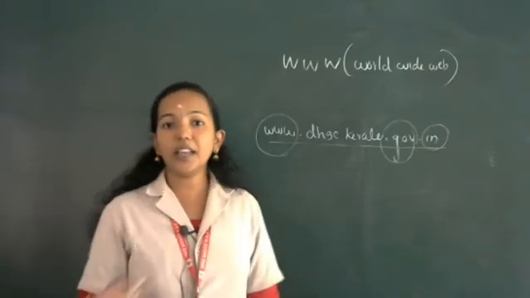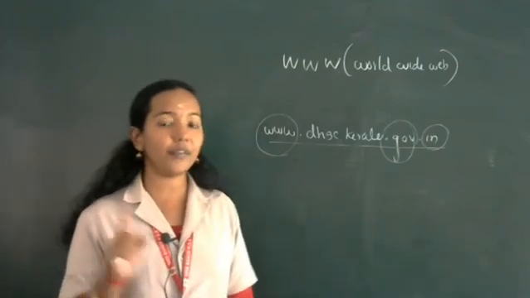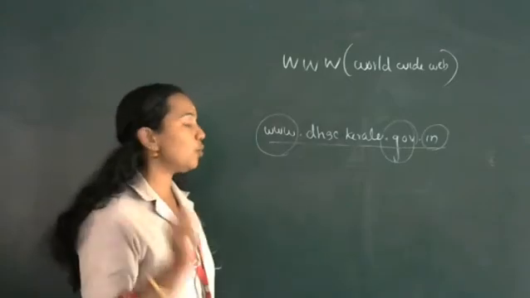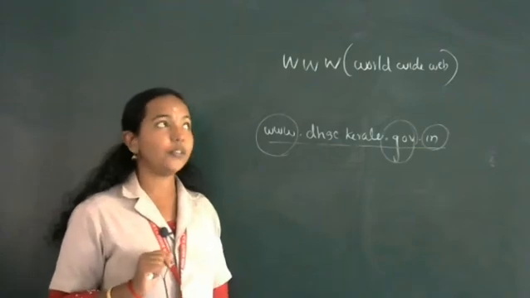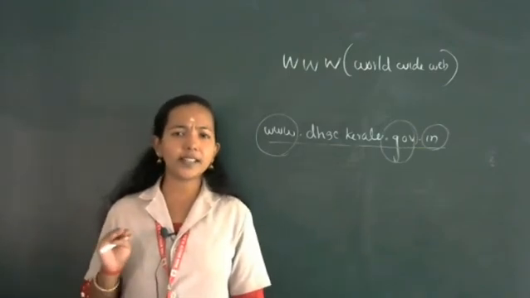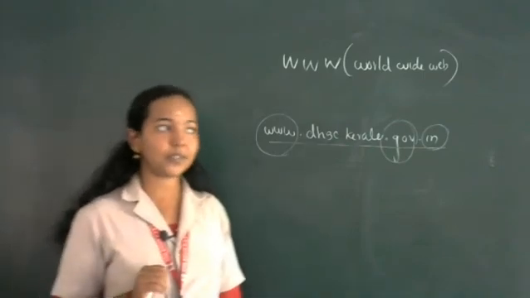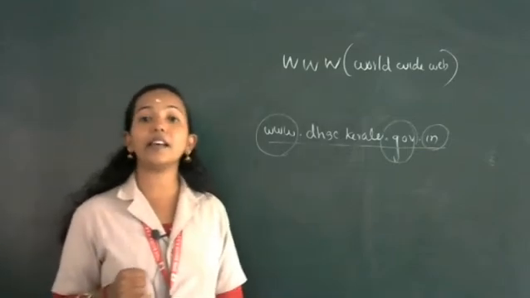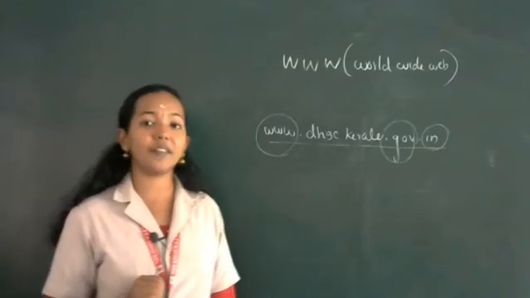Then a browser is responsible. Suppose we are doing any activity on the internet, definitely we require a web browser. You have to install a web browser on your computer first, then through that web browser we access information from the website. For example, Internet Explorer was the oldest web browser. Some JavaScript programs, that means some famous websites, will not work in Internet Explorer, because Explorer does not support JavaScript.